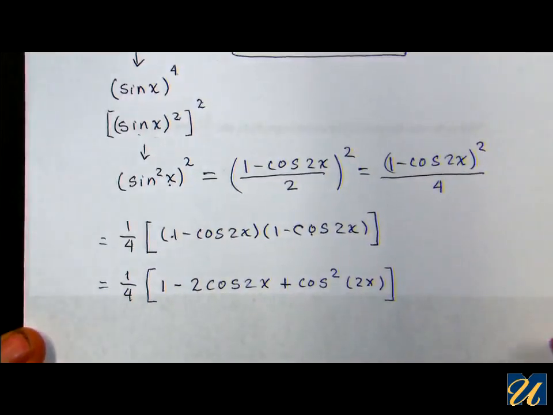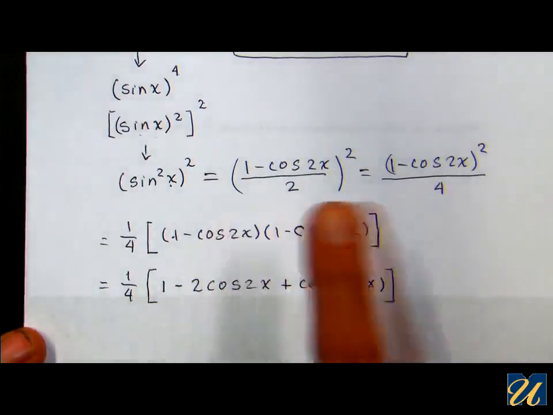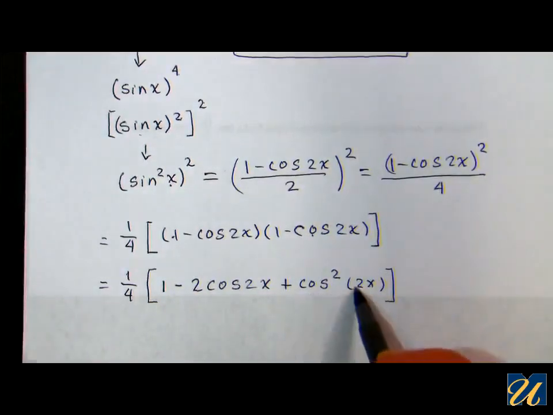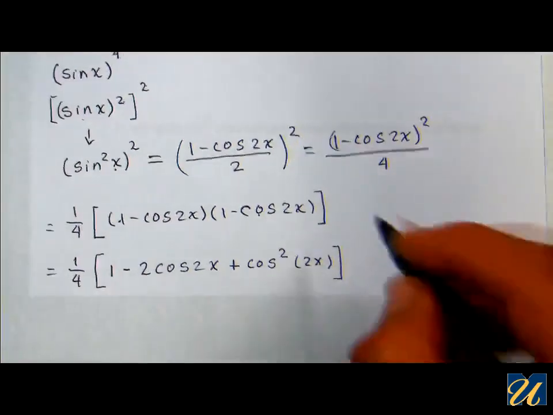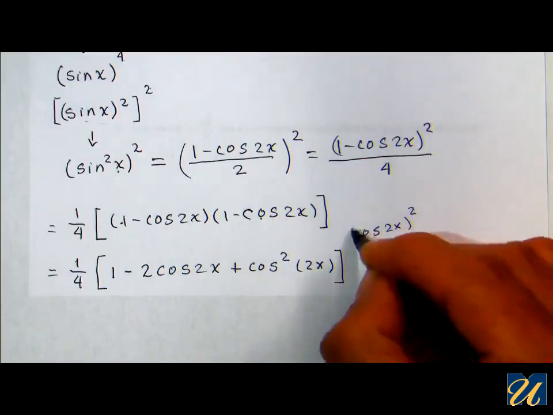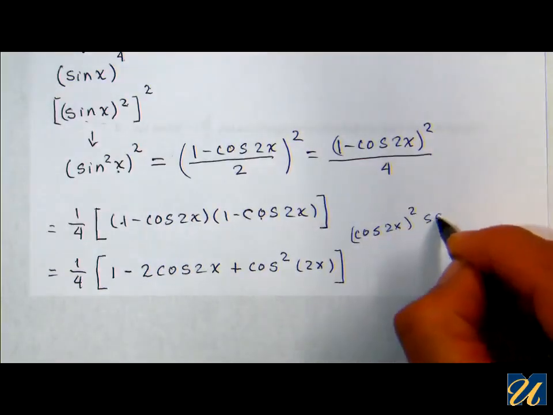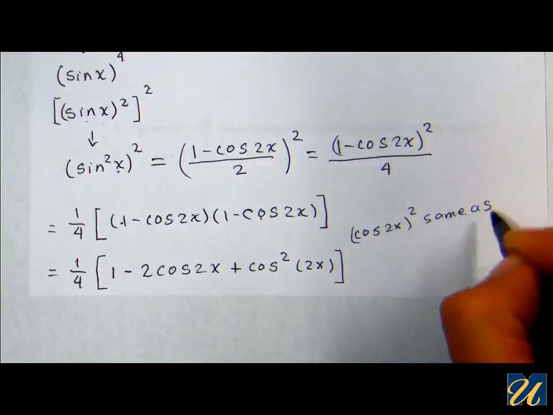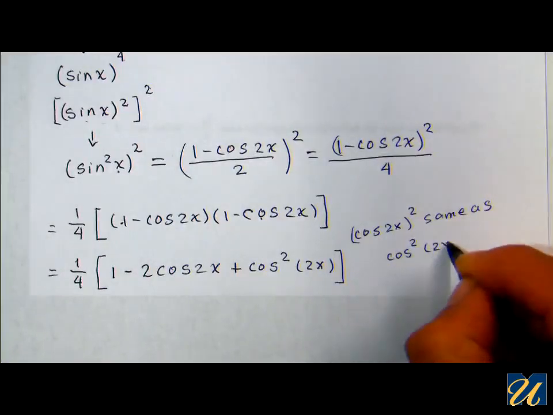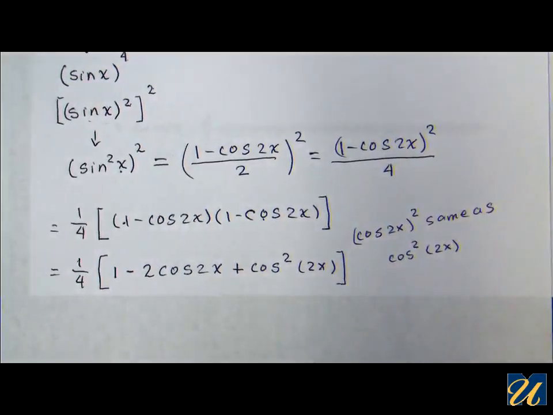Notice you square the cosine, not the 2x, right? Because cosine 2x times cosine 2x means cosine of 2x all squared. And that's what we have written right here. So let me just squeeze over here. Cosine of 2x all squared, same as cosine square 2x. Okay, the notation can be a bit troublesome sometimes.